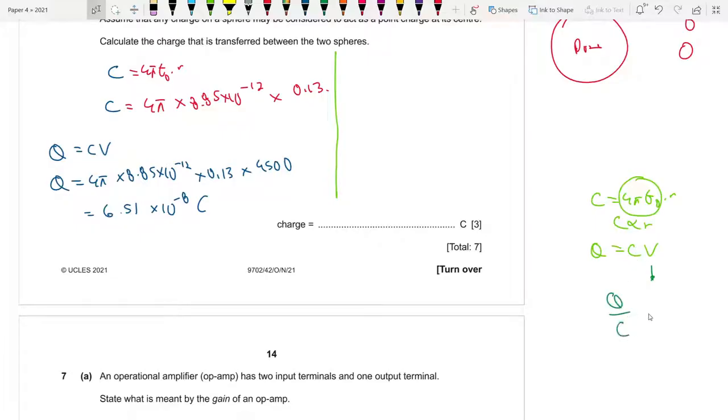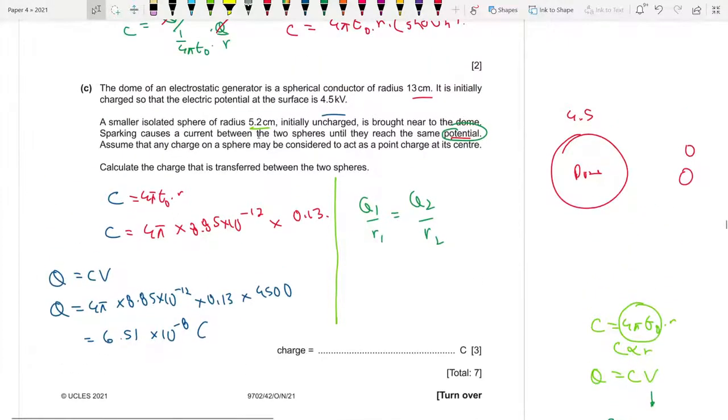So it's like this: Q by C is equal to constant V. And C is proportional to R. So what can we write? Q by R is equal to constant. So Q1 by R1 is equal to Q2 by R2. So what happened to the charge for the bigger dome? Charge decreased, and for the smaller one, charge increased.